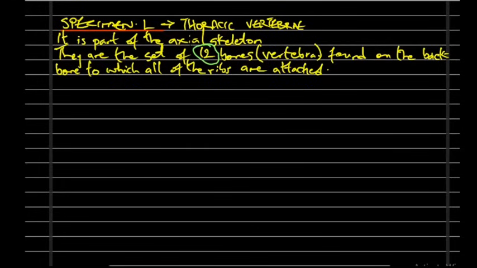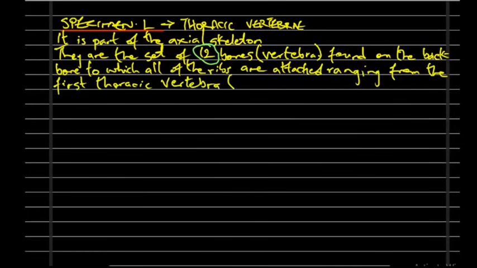So, like I said, to which the ribs are attached, ranging from the first thoracic vertebra, which is actually the T1, to the last thoracic vertebra, which is the T12. So like I said, it's a total of 12 bones.